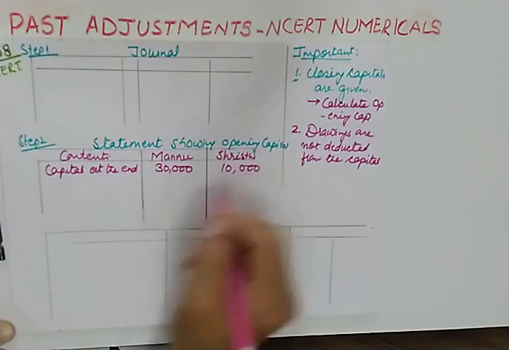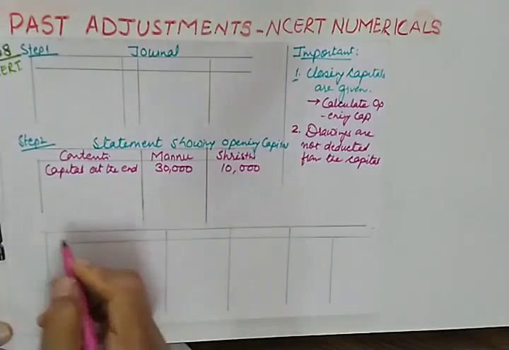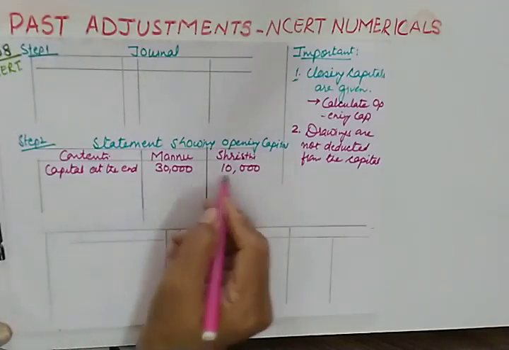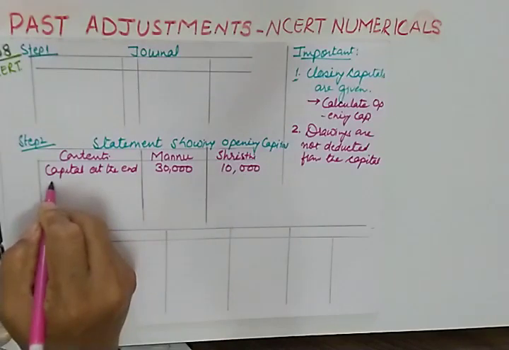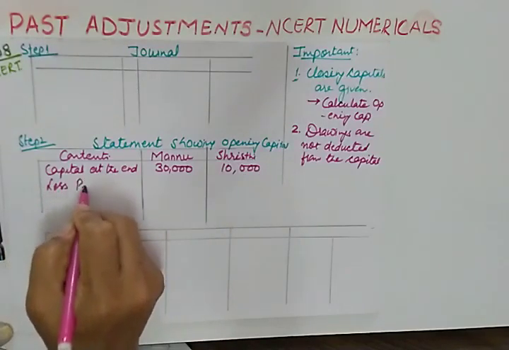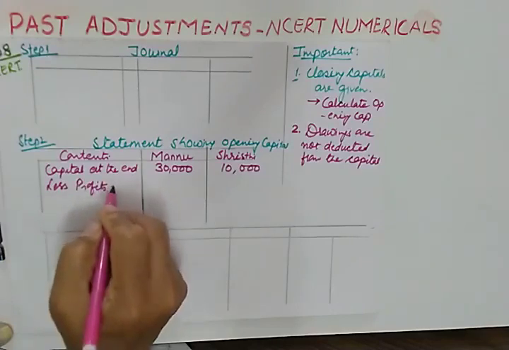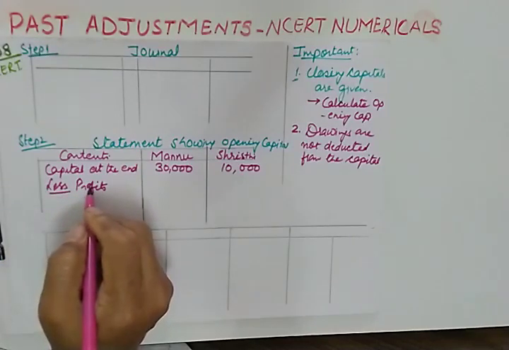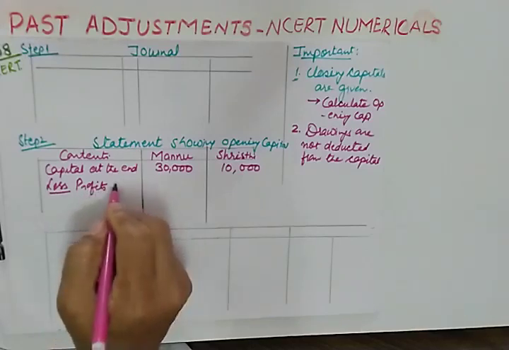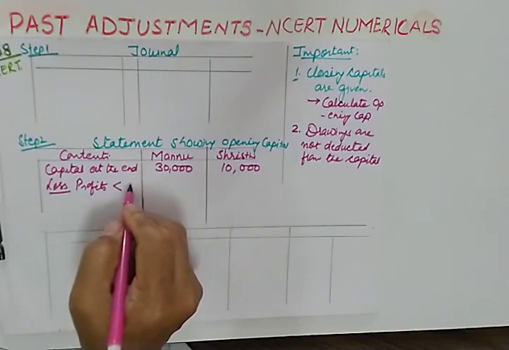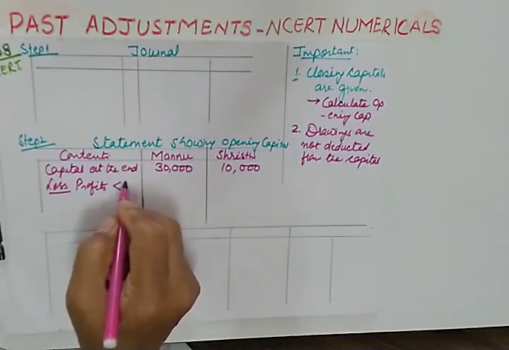Next, you will not add drawings because drawings are not deducted. So you will only deduct profits. How much profit is given to you? Profit which is given is rupees 5,000. So you will divide the profits in the ratio of 3:2.